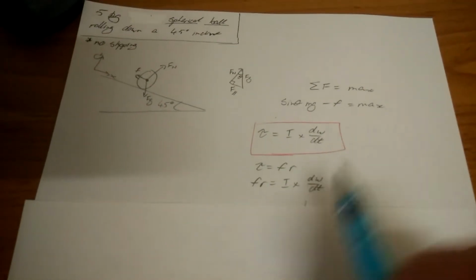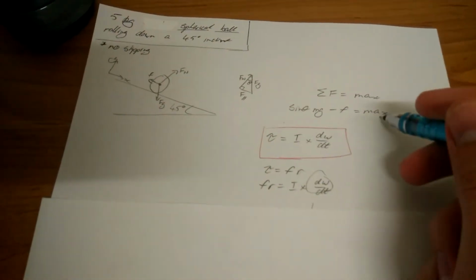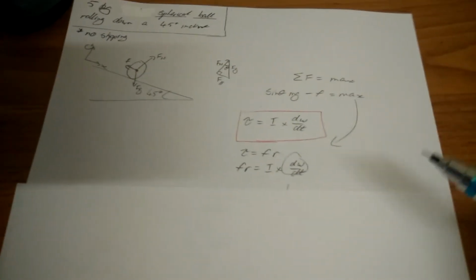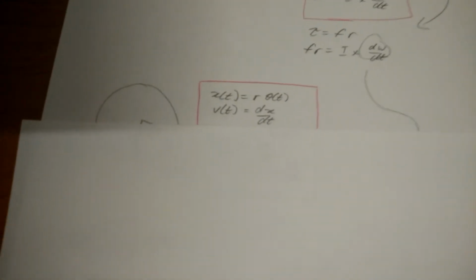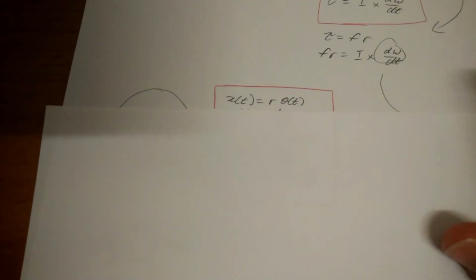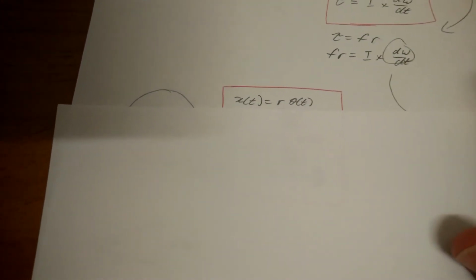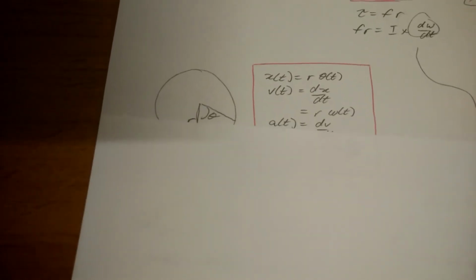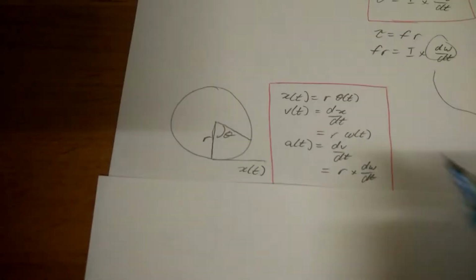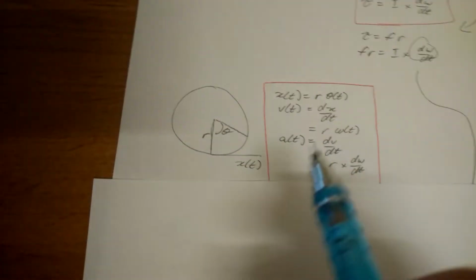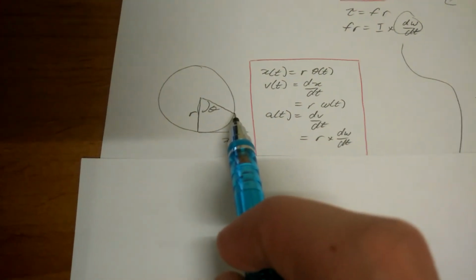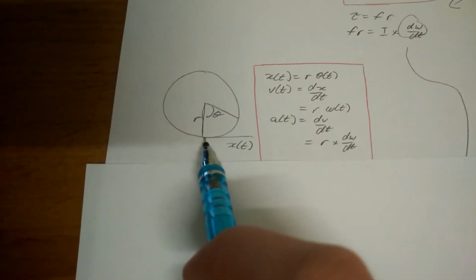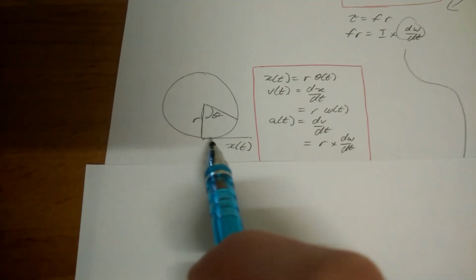How can we relate this over here to the linear definition of acceleration? Now, down here, x(t) equals r times the angle. If we look at this diagram over here, say that we have a ball rolling, it rolls from t equals 0 over here to t equals whatever over here, and it rolls out this distance x(t).